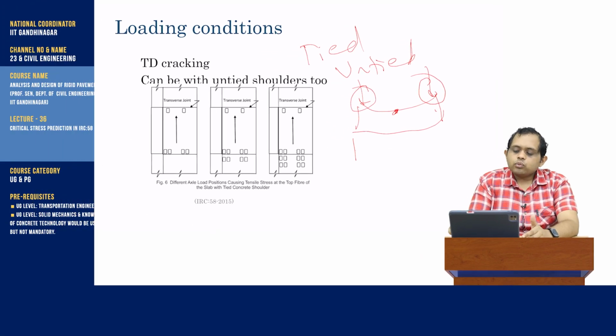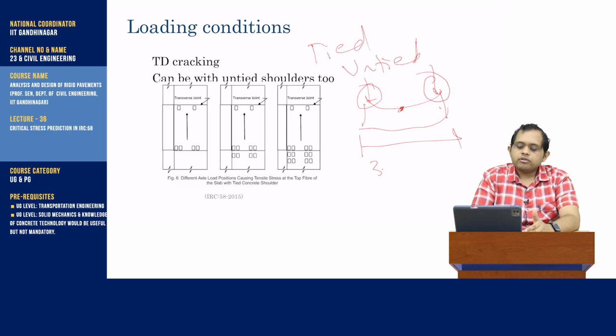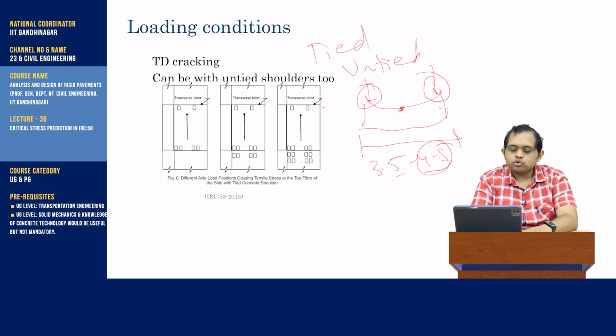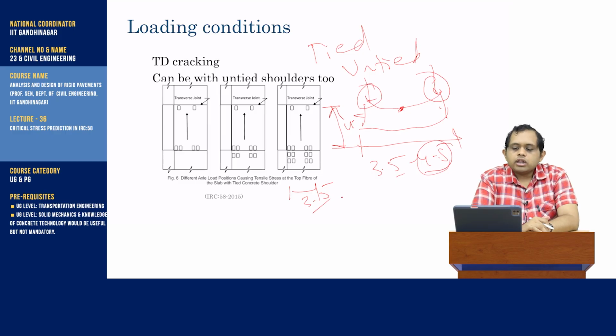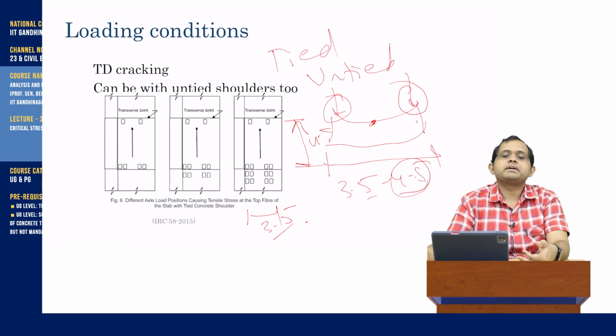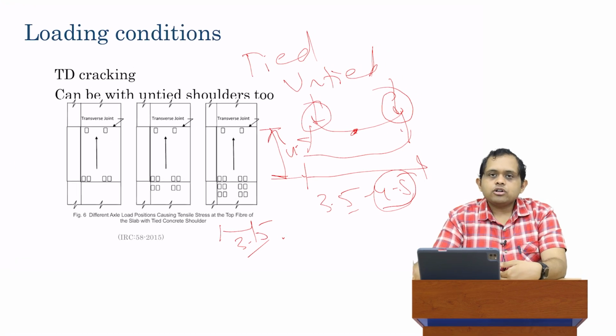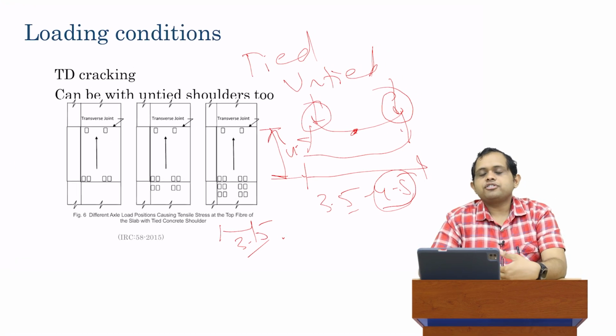Now, generally the width of a slab is going to be 3.5 to 4.5 meters. Indeed, in IRC 58, the assumption is that in the longitudinal direction, the width is actually 4.5, and in the transverse direction, the width is 3.5. Now, 4.5 is a pretty wide base. The overall outer limit for a tridem axle is simply going to be 3 meters.